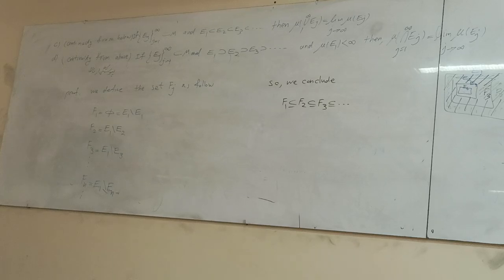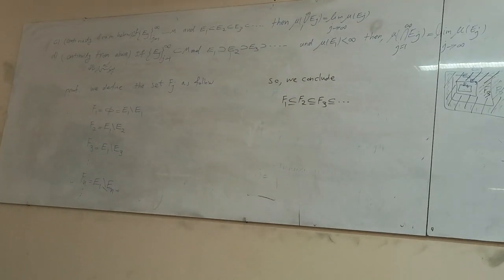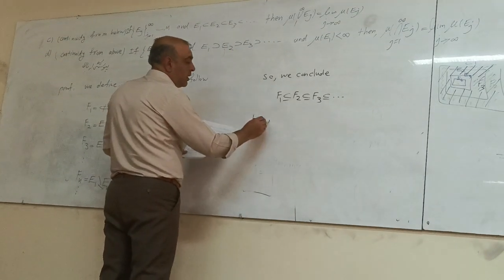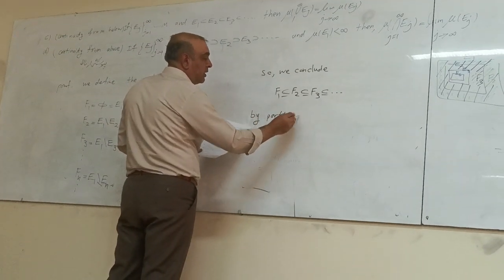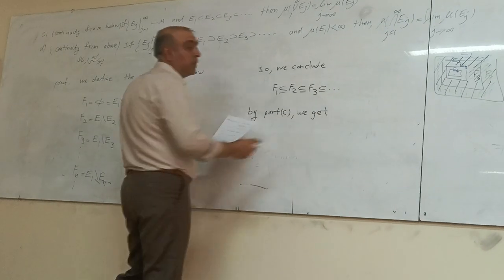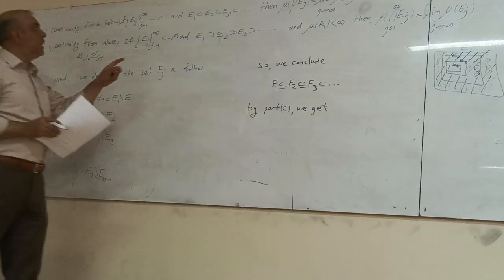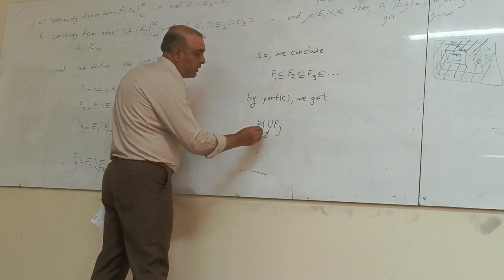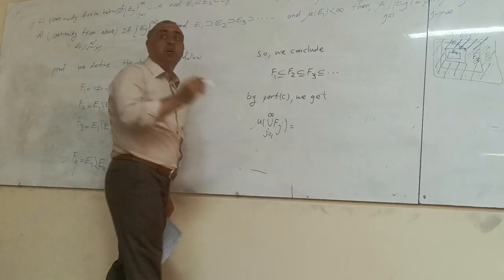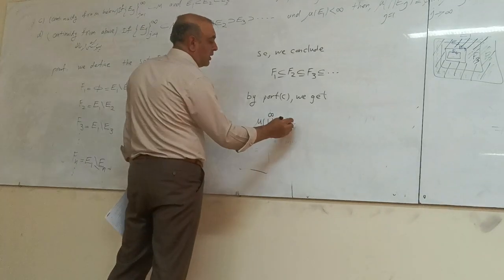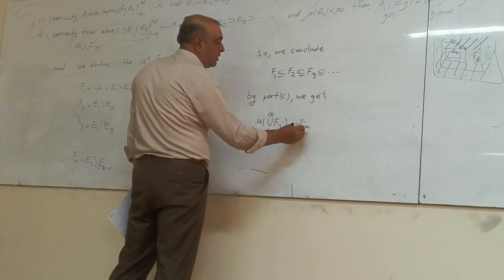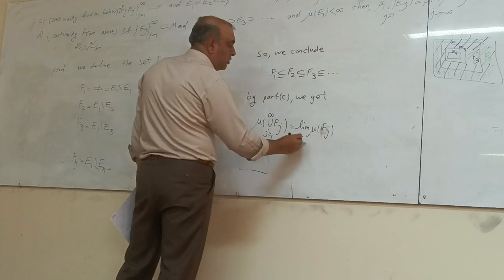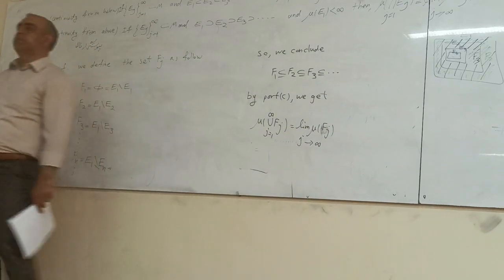By part C, we get mu of union of Fj is equal to limit of mu Fj, j to infinity.